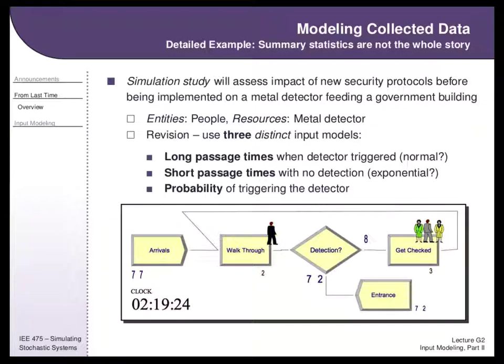I actually ran a summer workshop for undergrads modeling airport processes where they built something like this, and one of their homework problems was to set this up so that there was an increasing probability, based on the number of times through the system, that they got moved and had first access to the metal detector, and that may also affect these distributions. But this is at least a fifth hypothesis for what might generate those multimodal peaks. I'm not saying this is right or wrong. We don't know that without knowing the actual system.